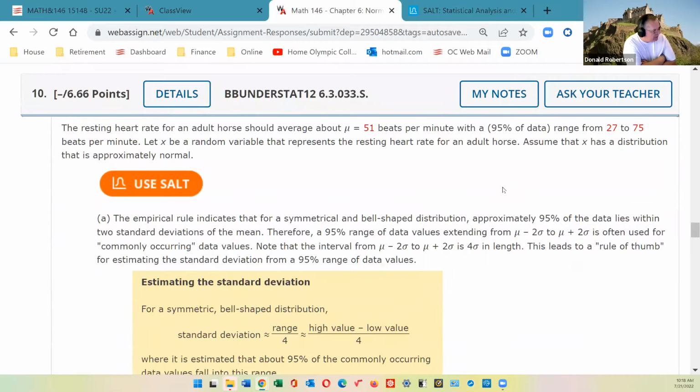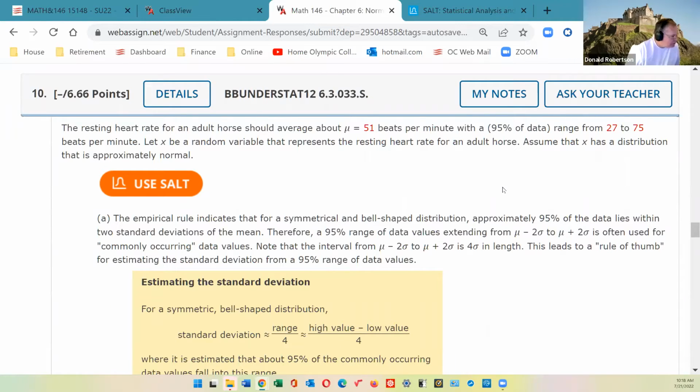Question 10. The resting heart rate for an adult horse should be 51 beats per minute. Somebody somewhere gets paid money to find that out. Go figure.